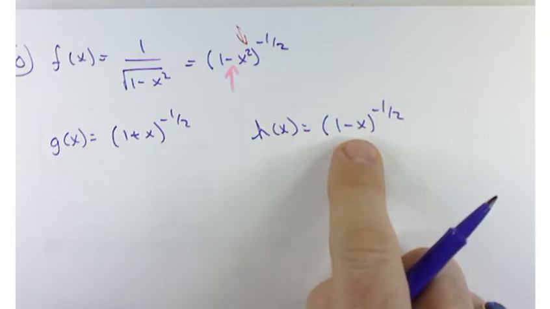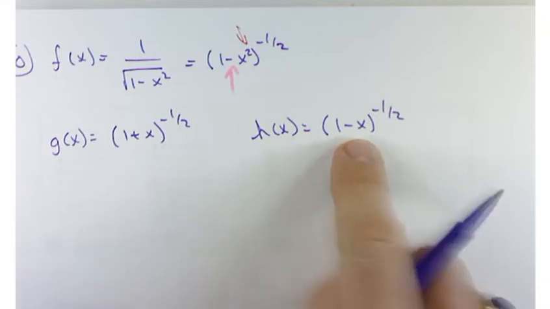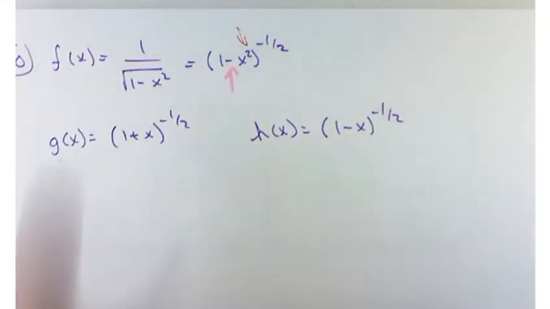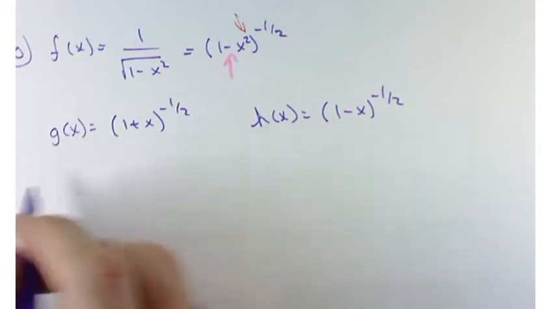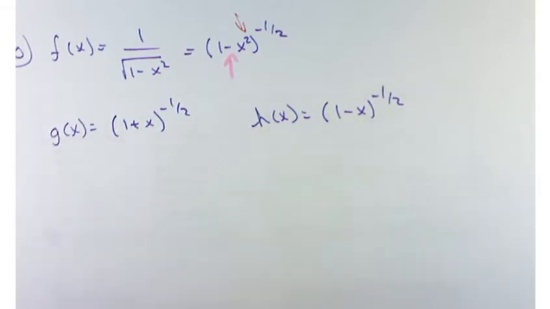And then once I have that one, I can substitute in x squared and get my series for f of x. So that's the game plan on this one. We okay with that? That way we don't have to derive it from scratch. Basically, you can just use the binomial formula that we're given. All right, so let's take a look here at g of x.